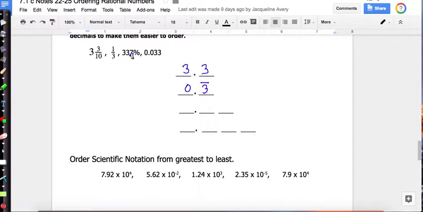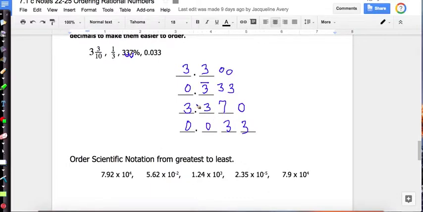This one we have to change to a decimal, 1, 2. So 3 and 37 hundredths. And then here we have already a decimal, it's 33 thousandths. Now we can make them all have the same amount after the decimal, add a 0 here. Now careful here, we're going to add 3's because it's repeating, and then we're going to add 2 zeros here.